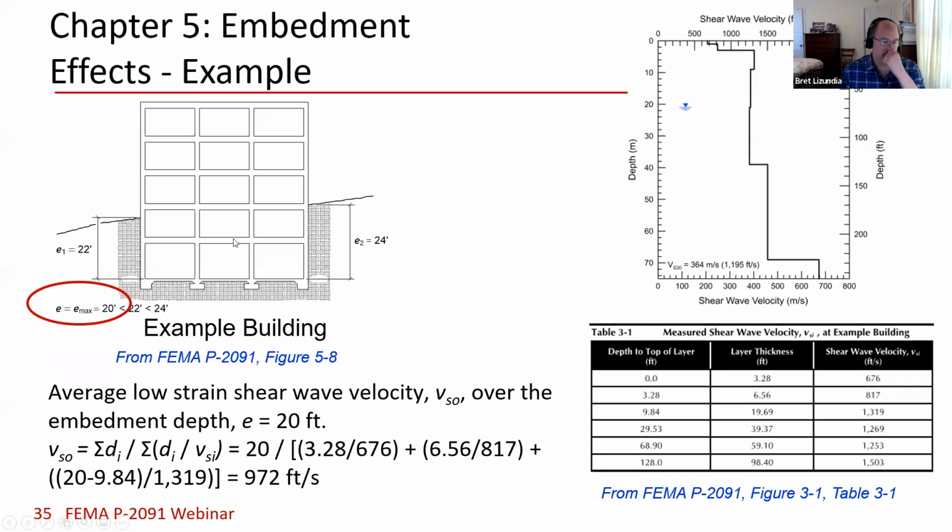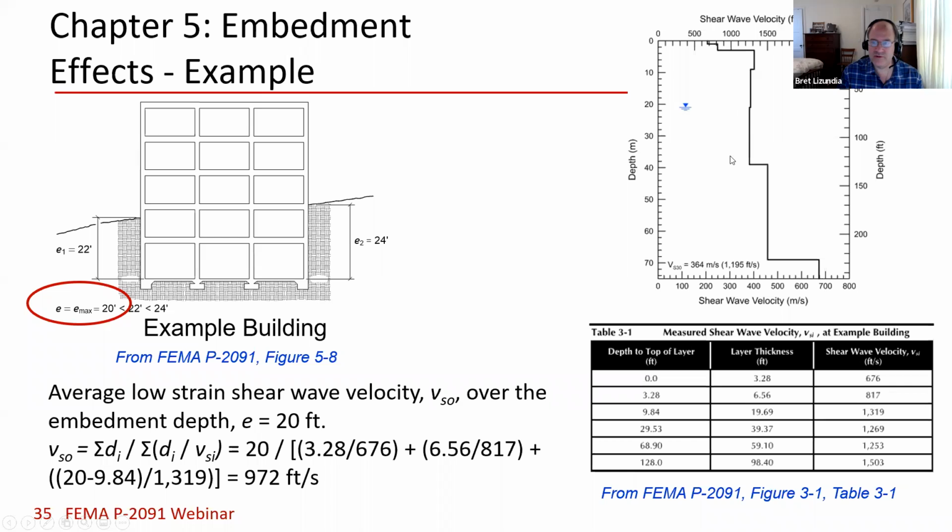Okay, so let's take that building, let's take that 20 feet and let's calculate the average low strain velocity over that. So again, we could have a similar picture. I'm just picking the same one that we had before, and I'm taking this weighted average down to 20 feet.